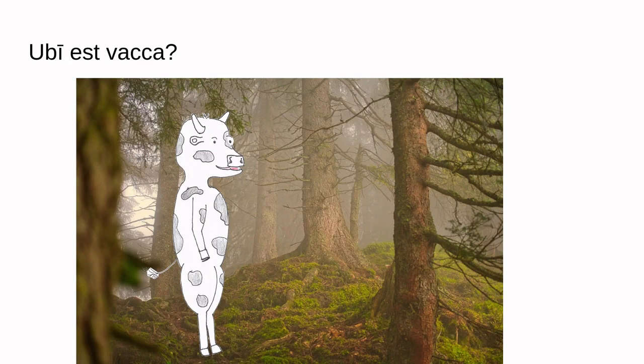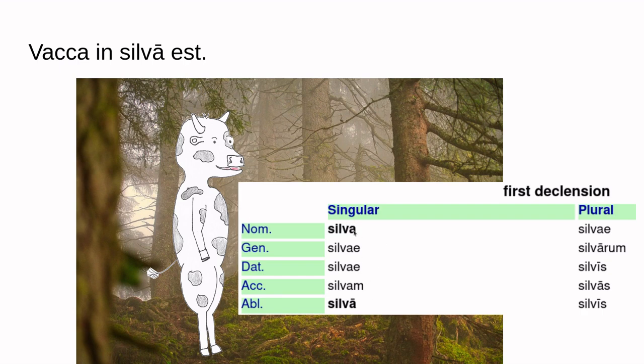Let's do another. Ubi est vaca? So translate in your head, what does that question mean? Ubi est vaca? Where is the cow? Et vaca in silva est. Same thing here. Silva, without a macron over the A, is the nominative form.